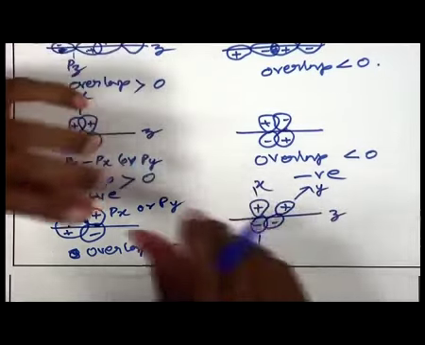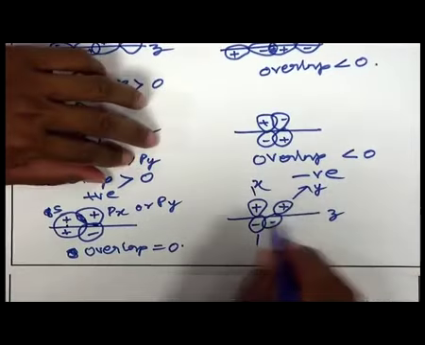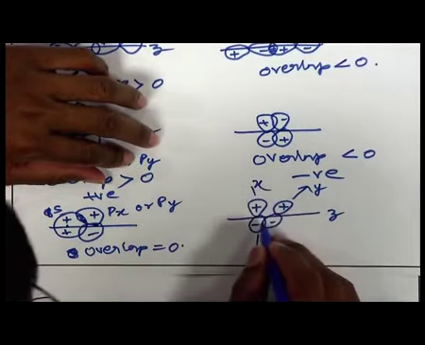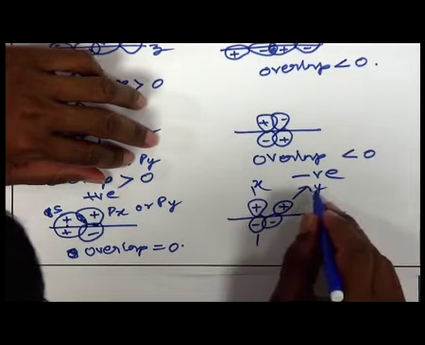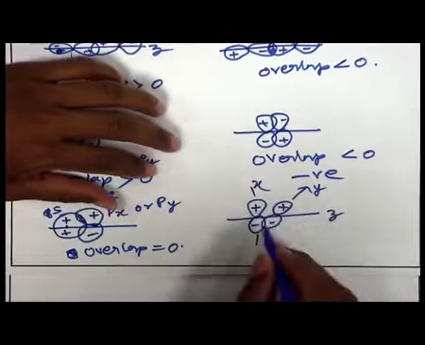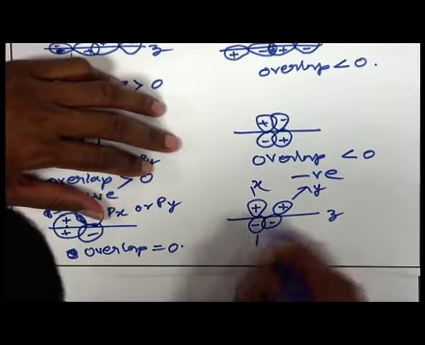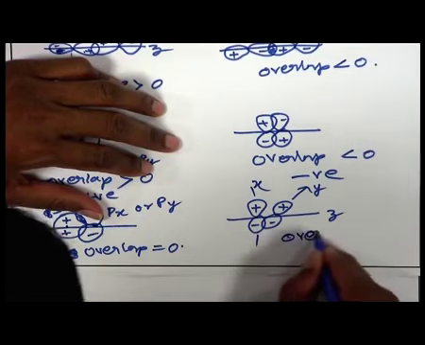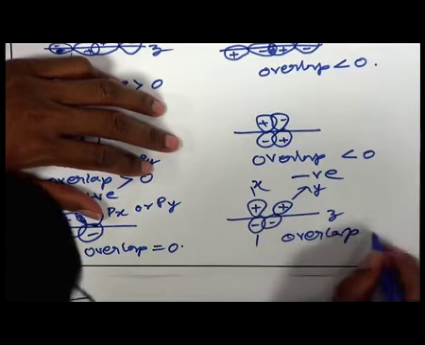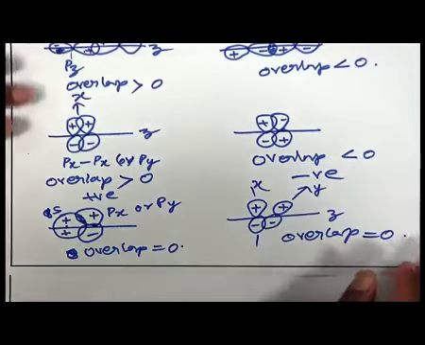You know that p x, p y, p z orbitals are orthogonal to each other, so the angle is 90 degrees. This orbital is on the x axis, this orbital on the y axis. When you put them together to form a bond, you will have this type of situation, and here the overlap is equal to 0. So, these are the types of overlap.